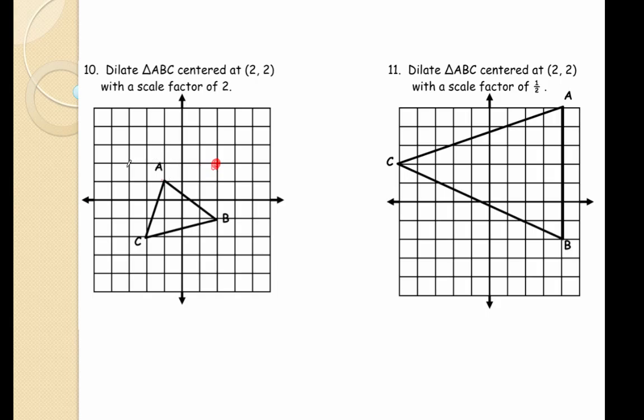So I'm going to go -6, -2. And there's A prime. To get to B, I would have had to go down 3, so I have to go down 6, B prime. And to get to C, I would have had to go over 4 and down 4, so now I have to go over 8. Oops, I'm off my graph, and down 8. So there's C prime.